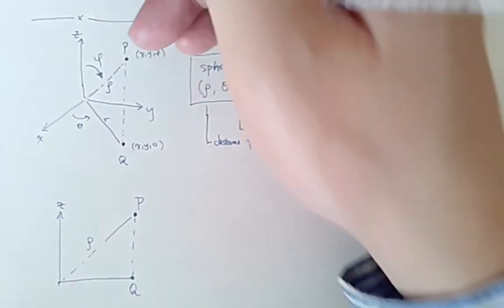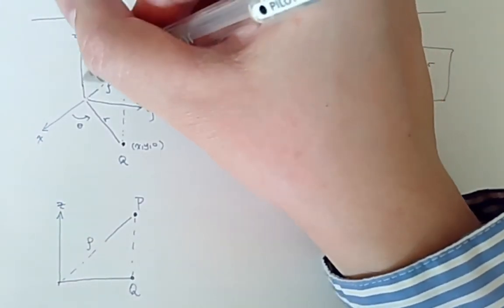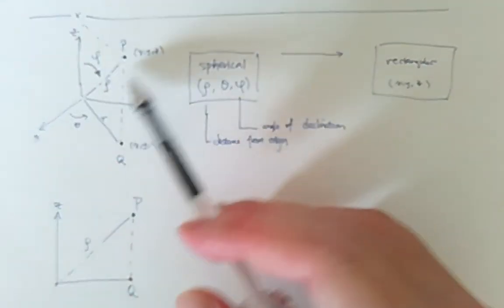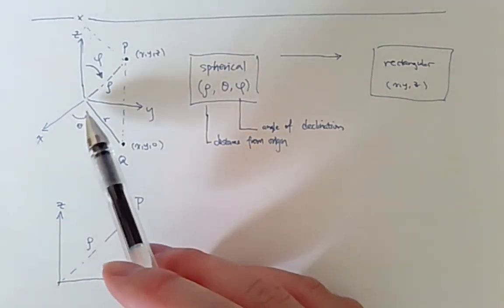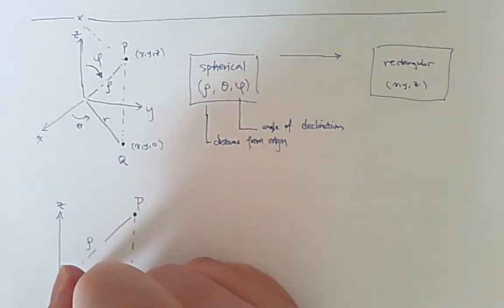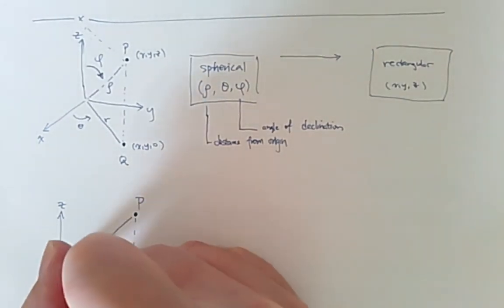Can you see that? I'm sort of drawing this plane right here. That's the plane that I've drawn here. And notice the bottom here, that's the distance r. And this angle is phi.